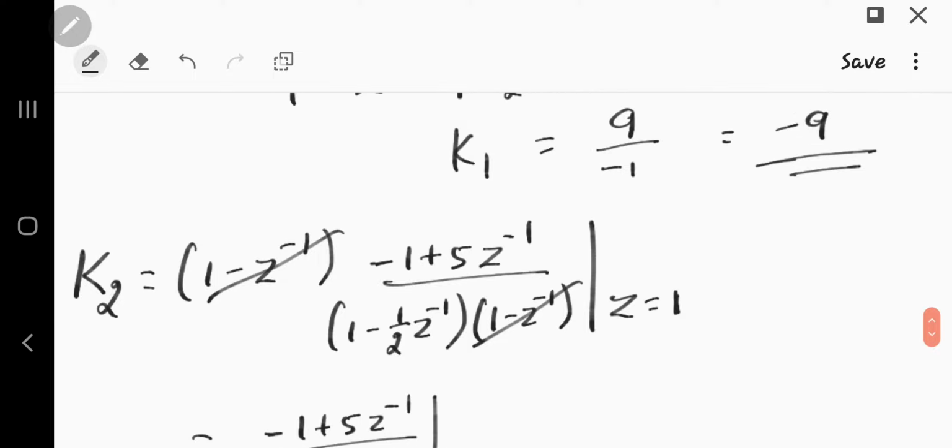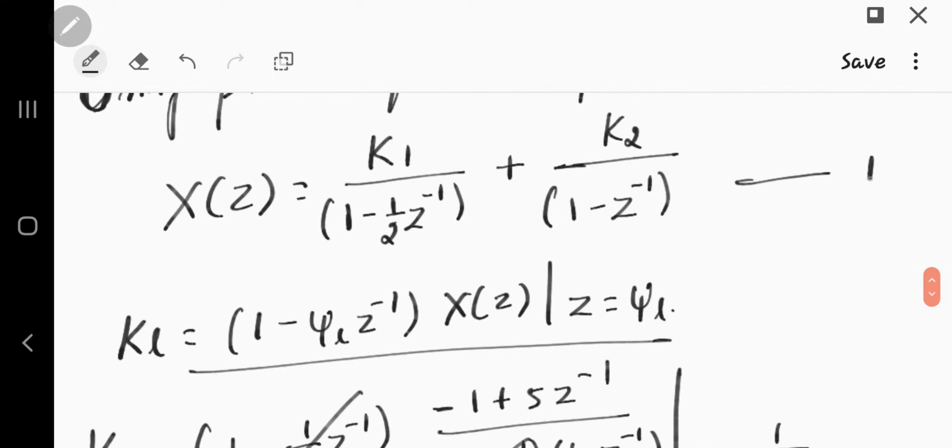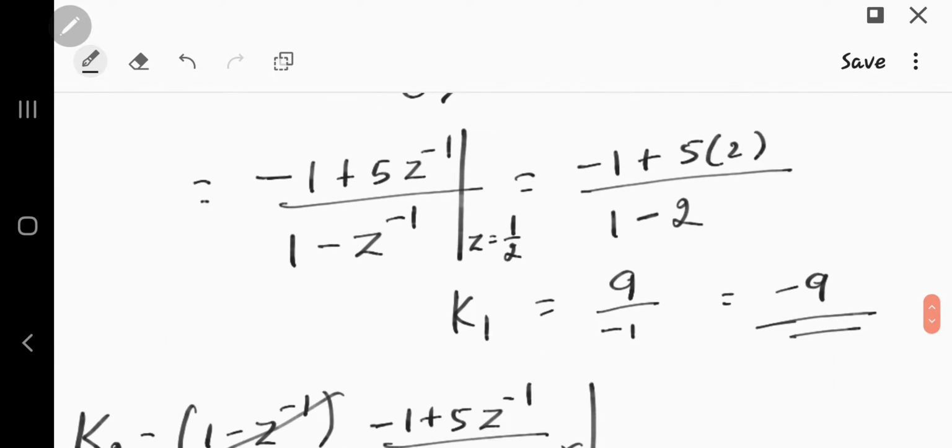So keep these values. Now substituting that, I think we should give an equation number here for this.